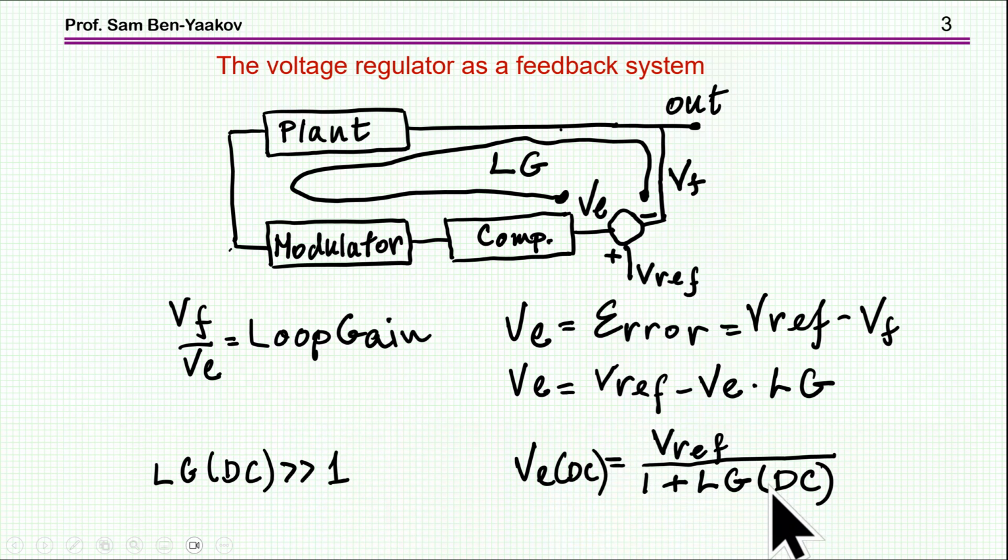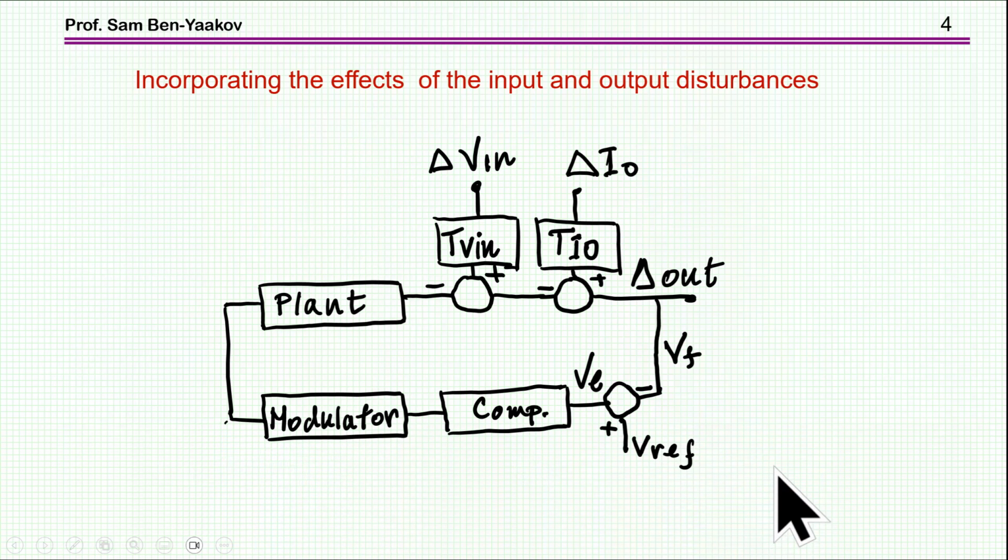And now we're talking about DC, we're interested in DC, so I'm interested in the loop gain in the DC or very, very low frequency. Now usually the loop gain at that region is very large, certainly larger than 1, so it'll be like V reference over the loop gain at the DC. So now what about the disturbances?